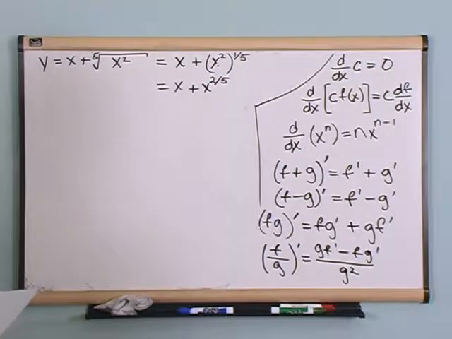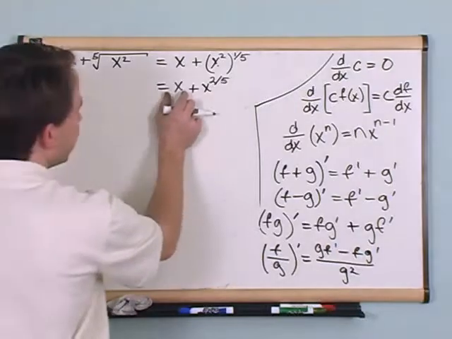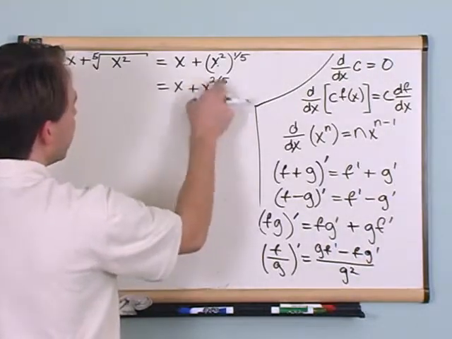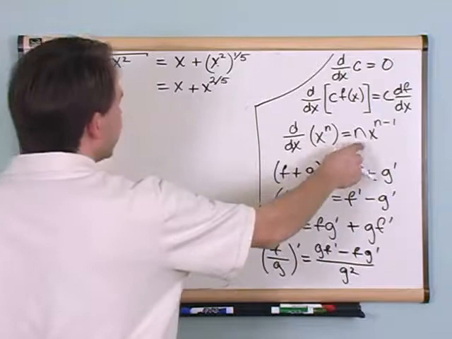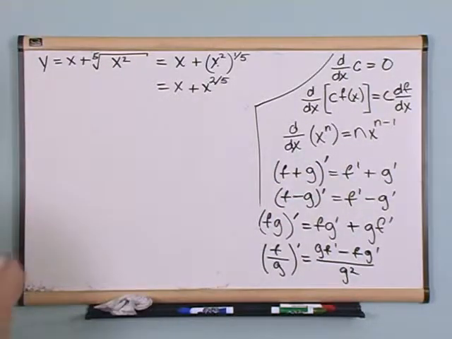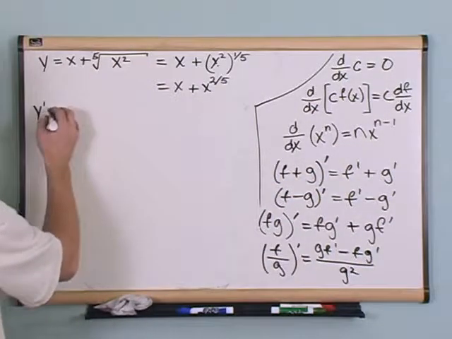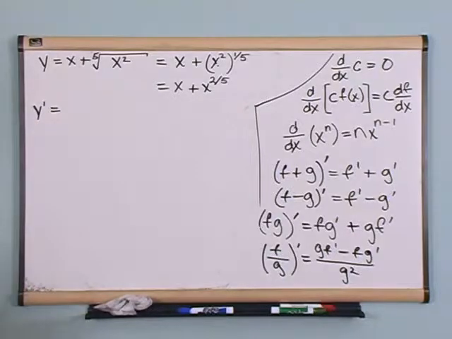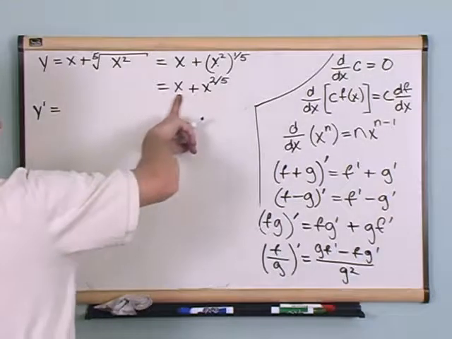Okay? Now look here, you have a function of x plus a function of x. Each time x is just raised to a number, so I can use the power rule, and then I can calculate the derivative. So y prime, the derivative of y, is equal to, what's the derivative of this first term?